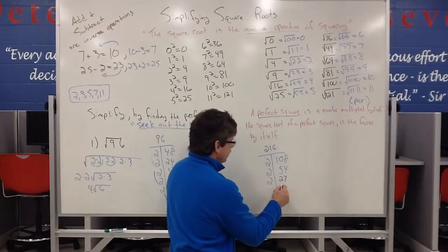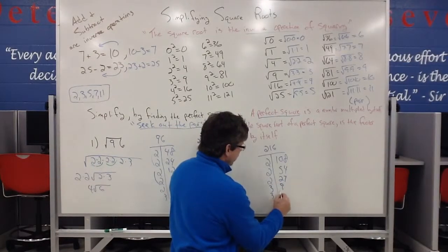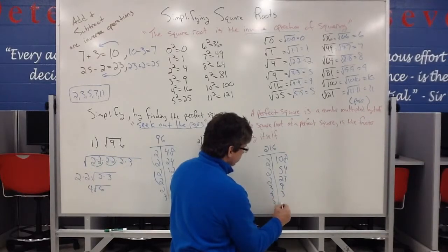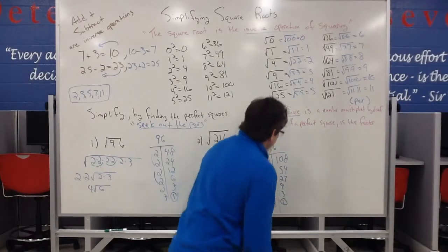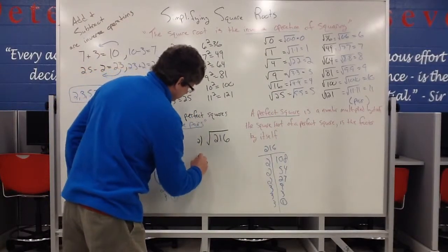And then 3 goes into 27 9 times, 3 goes into 9 3 times, and 3 goes into itself 1 time. So I'll break the 216 down into its prime factors.